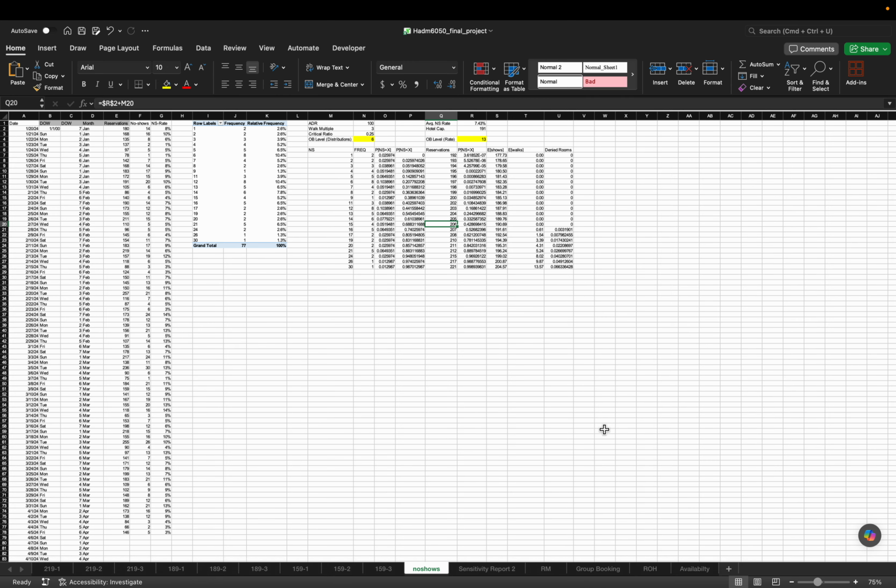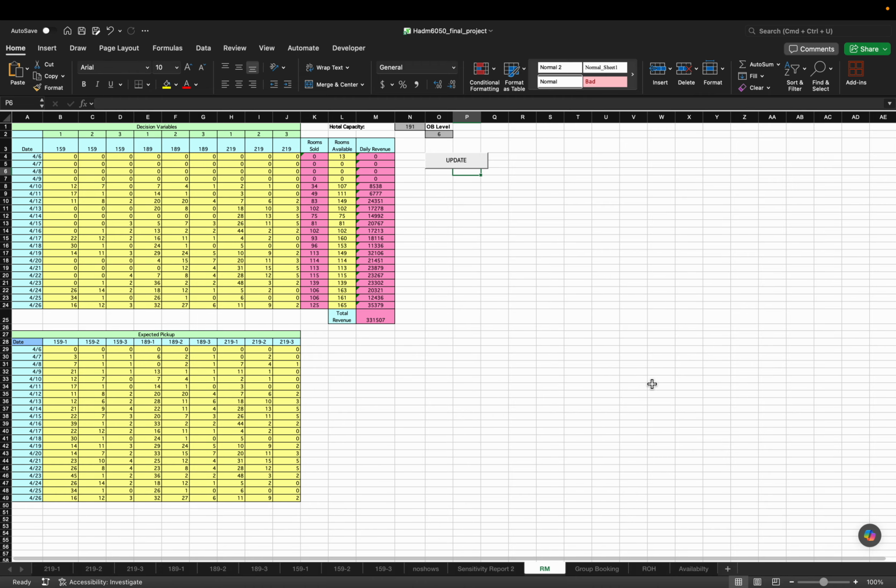Here I analyze no-show behavior using the past data from the distribution and the critical ratio. The model picks an optimal overbooking level for this hotel. It is about 13 rooms. This is the heart of the model. In yellow are the decision variables, how many rooms to sell in each rate, length of stay segment on each day.